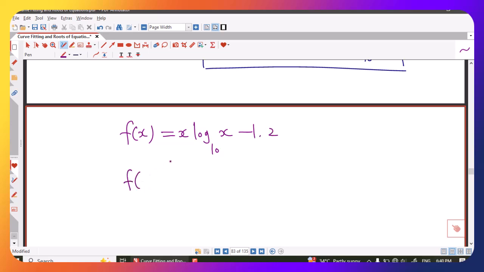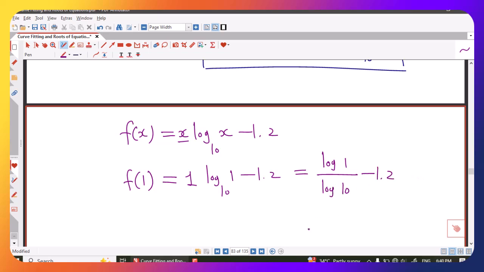So we can find out value of function at 1 if we put x equal to 1, and we get log 1 base 10 minus 1.2. This I can rewrite as log 1 divided by log 10 minus 1.2.